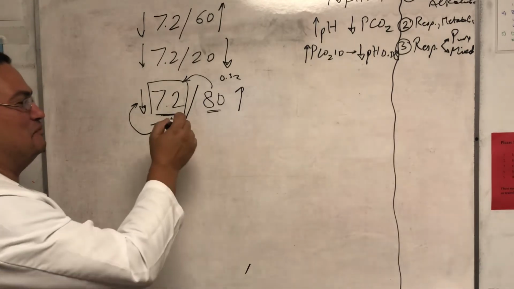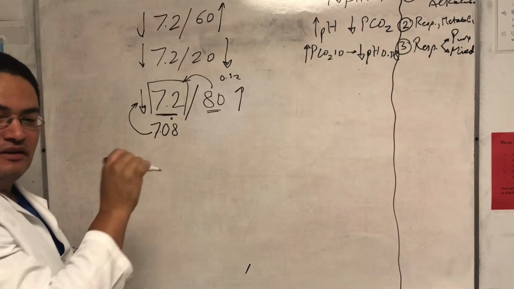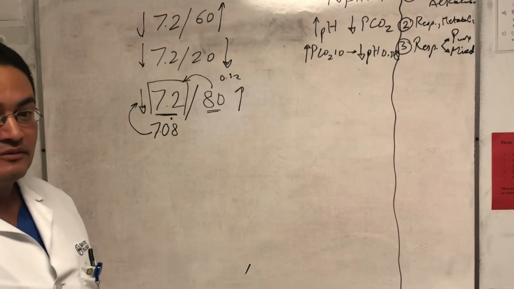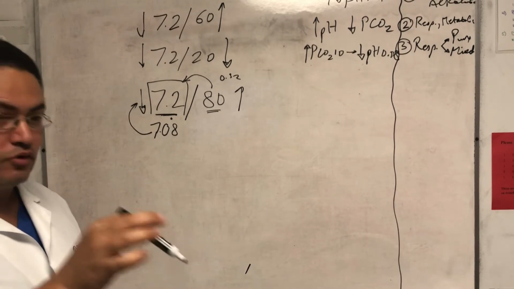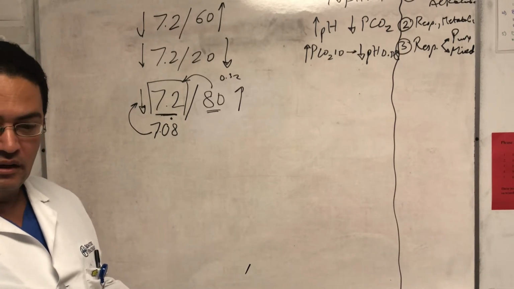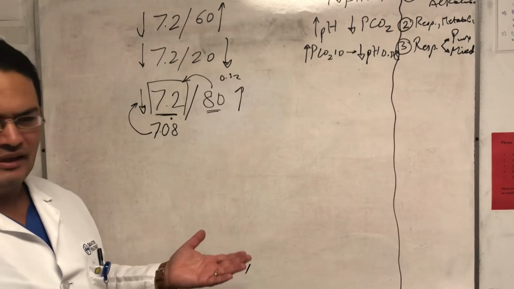I'm just joking. But anyway, don't believe anybody that tells you people live at an abnormal pH. Nobody lives at abnormal pH. People live at a normal pH, they live at abnormal PCO2, and they compensate, right? You're probably looking at me, like, why is he even telling us? We know that.